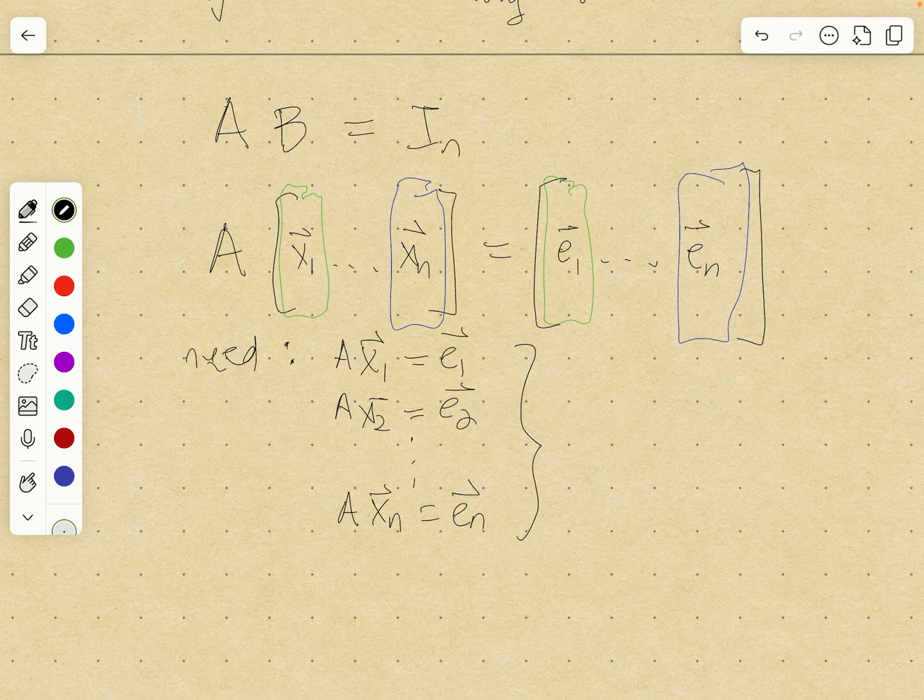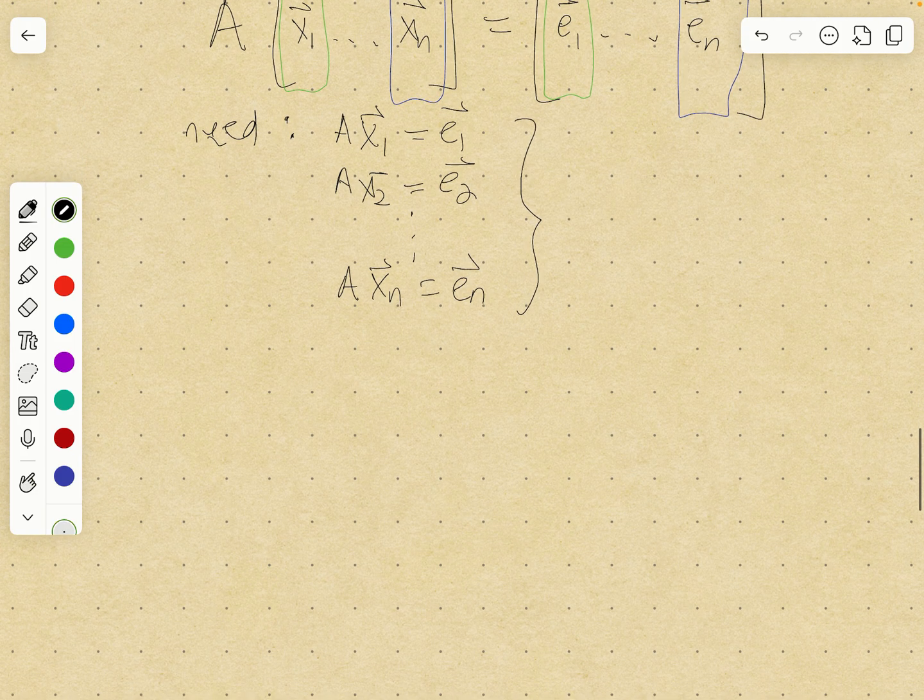What we need is x1, x2, up to xn that satisfies all these systems of equations, right? This first equation, we can think of it as a system of equations. And so we have n systems of equations, and we just learned how to handle a bunch of systems of equations when you have the same coefficient matrix A. What you can do is augment.